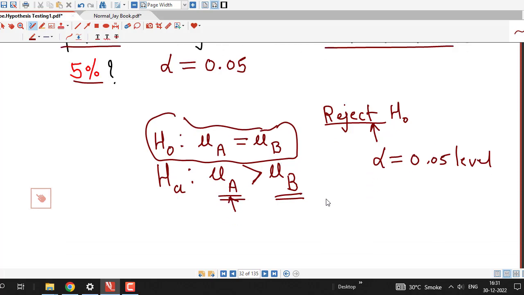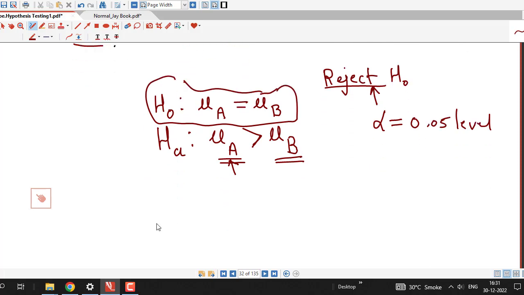Now once we decide the alternative and null hypotheses, we have to decide the corresponding test for the hypothesis. Here we can see the sample sizes are 100 for both samples, both greater than 30.